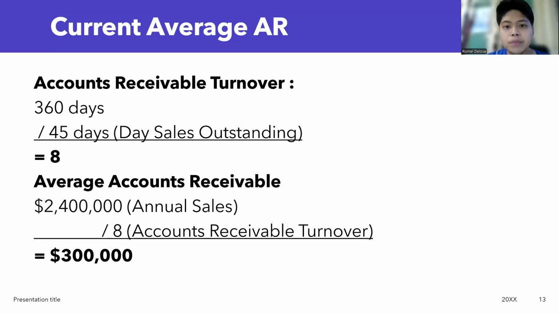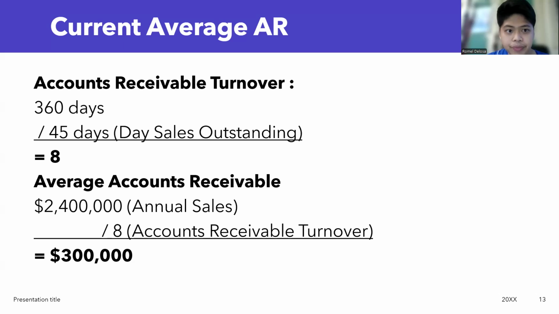Okay. So the next step is to compute for the investment in accounts receivable. Okay, I want to clarify. Average accounts receivable and investment in accounts receivable are two different terms. Remember that ha, iba yung average AR sa current investment in accounts receivable. Bakit?